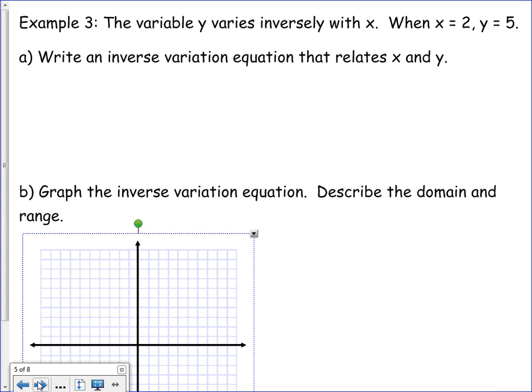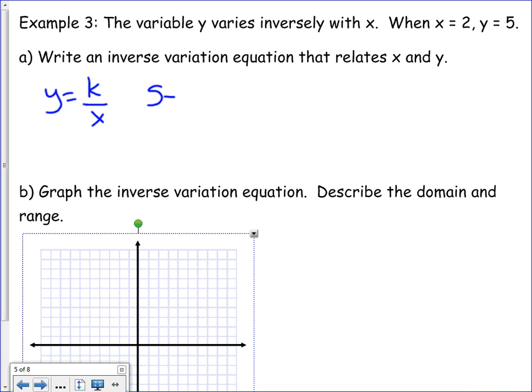Now, a little bit trickier is when we're graphing an inverse variation equation, because we're not used to actually graphing those. We need only one ordered pair because we can use this ordered pair to find k. Let's write the form of an inverse variation equation, and now let's substitute in the values we know.